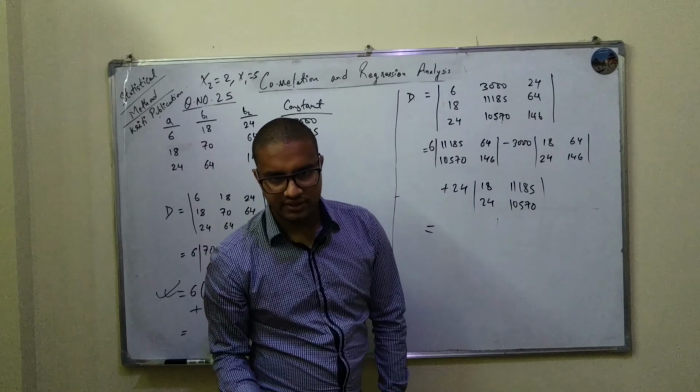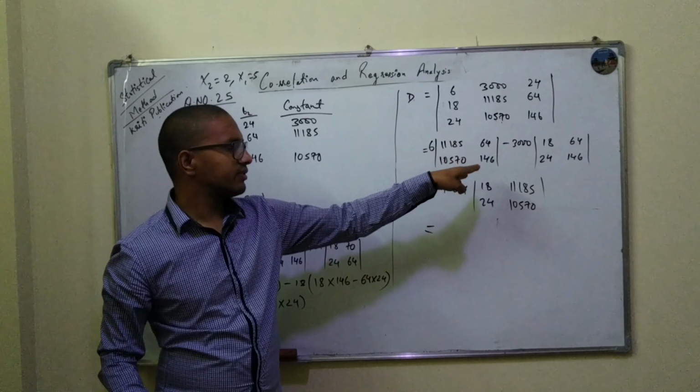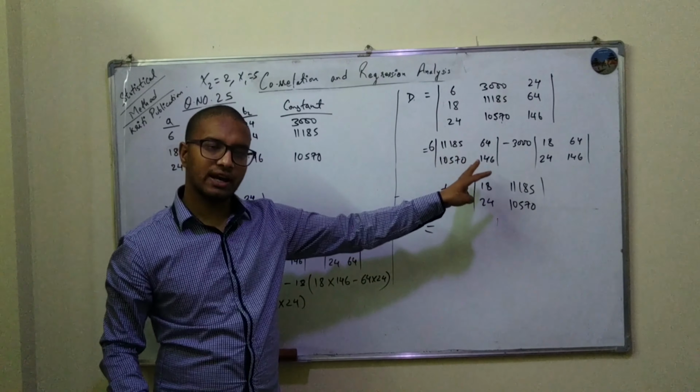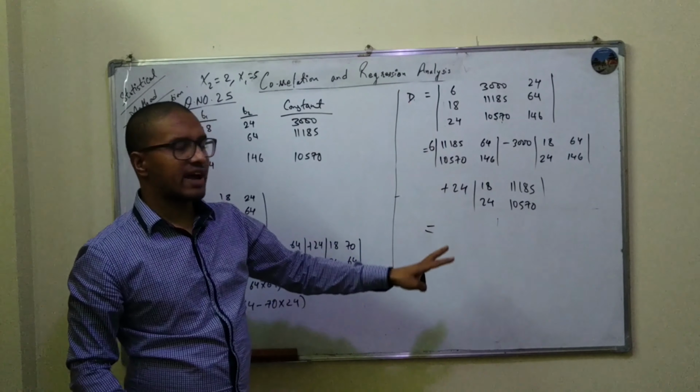Okay, so again, same thing as this step: 6 times 11,185 into 146 minus 64 times 10,570, right? Same thing as well. You'll get some values for D2.